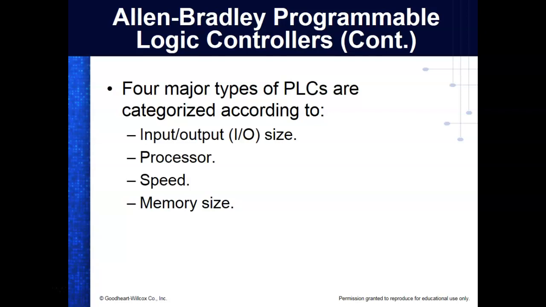We'll find out what that means. But that's whatever you want to do. They don't care if you're sinking, they don't care if you're sourcing, they don't care if it's AC, they don't care if it's DC. So questions?